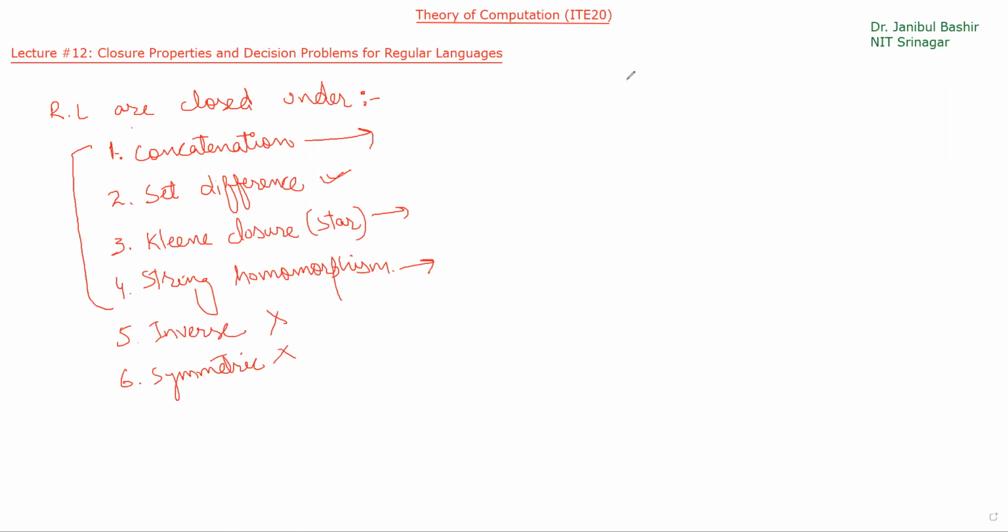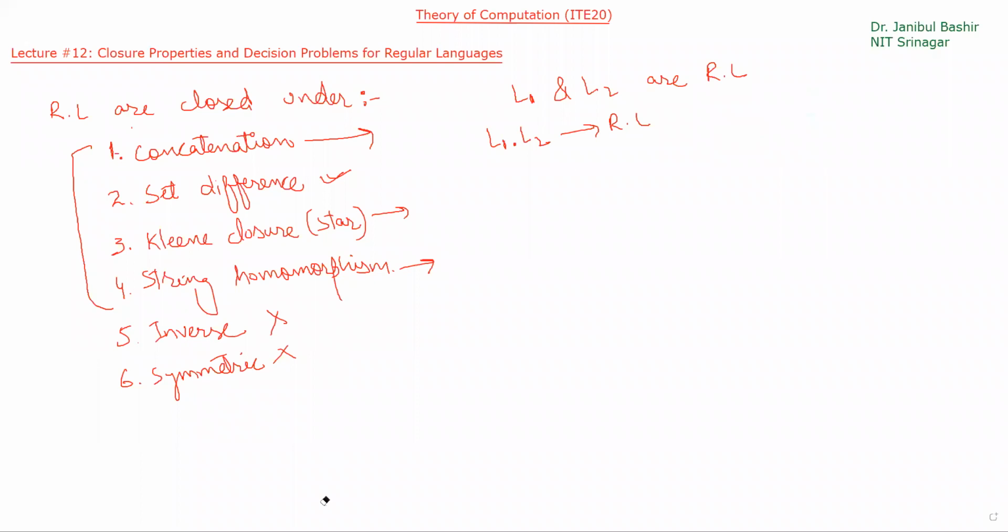So let's take concatenation first. Concatenation means that if L1 and L2 are regular languages, then their concatenation, L1 concatenation L2, is also a regular language. What does that mean? Let me make it clear.